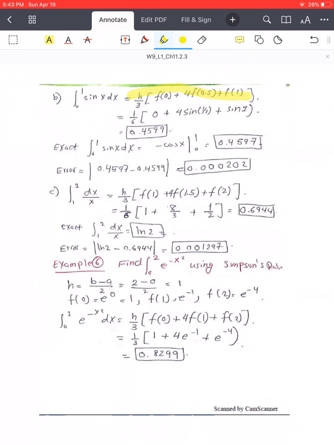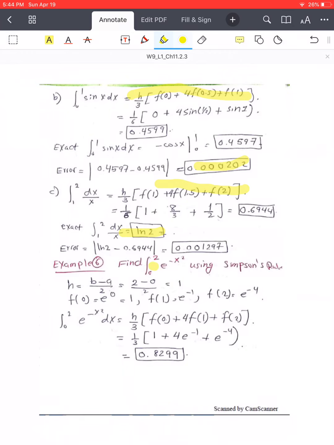Now, again, if you calculate the error, oh, the error is much smaller. Why? Because Simpson rule, if you remember, the local truncation error is h power 4, or power 5, sorry. But the trapezoidal one is much larger than this one. So if we do this again here, we will do the same. It is nice to leave it for you as an exercise, and this as an exercise, this exact value.